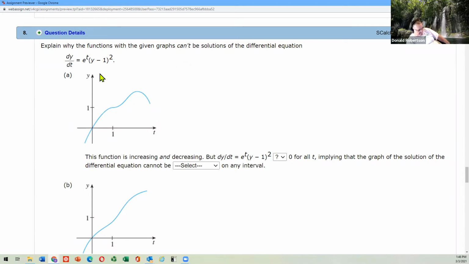Here's the first one. Would you agree that e to the t is a positive number no matter what t is? E to the 2 million, e to the negative 2 million. E to the negative 2 million is tiny, but it's still positive, right? Would you agree no matter what the y coordinate is, isn't y minus 1 squared positive?